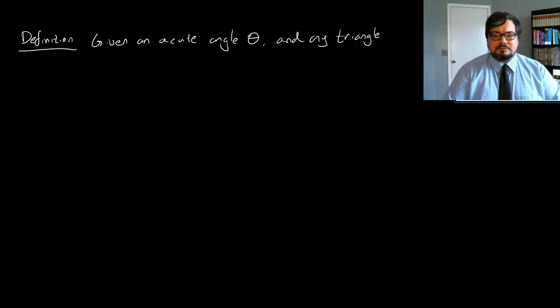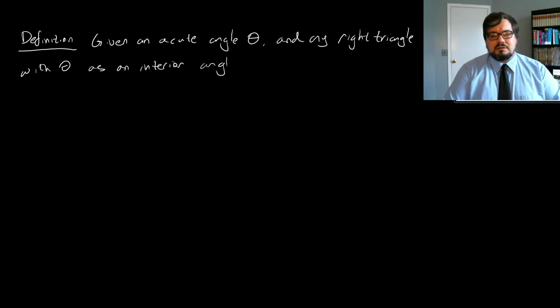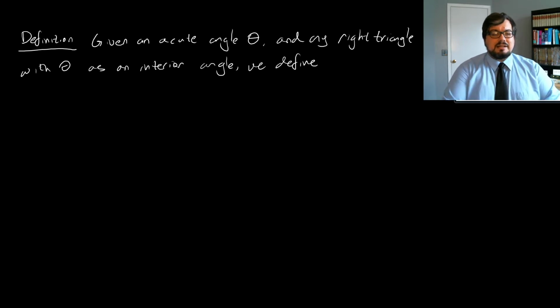So given an acute angle theta and any right triangle with theta as an interior angle, we define 6 trigonometric functions.